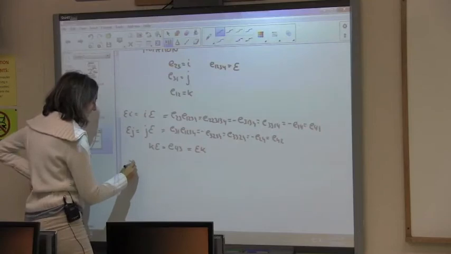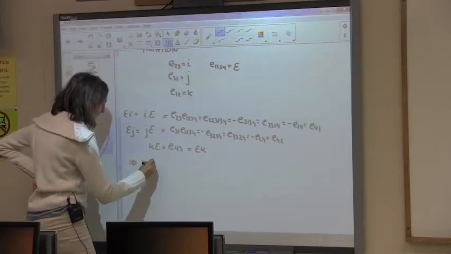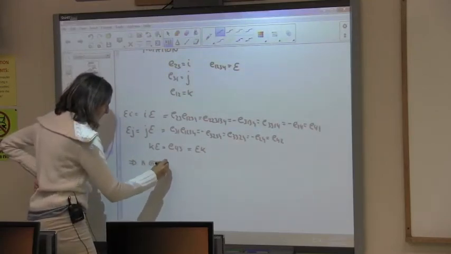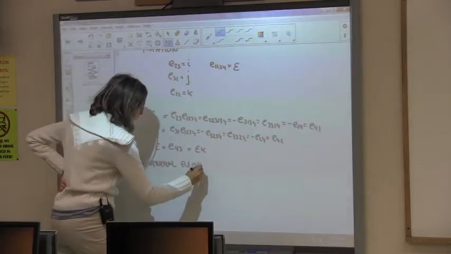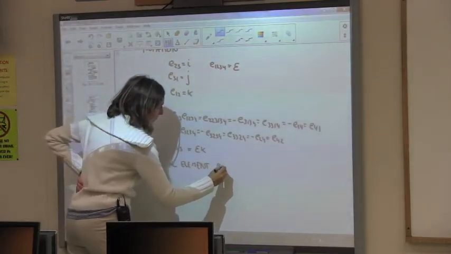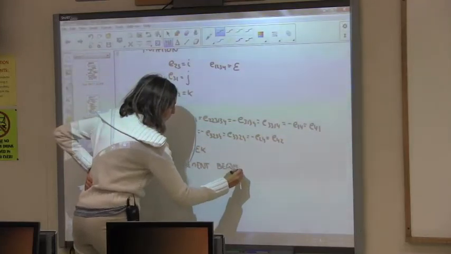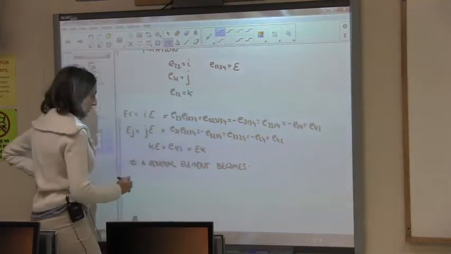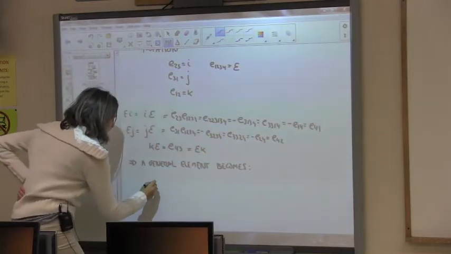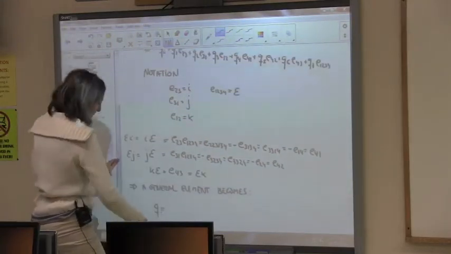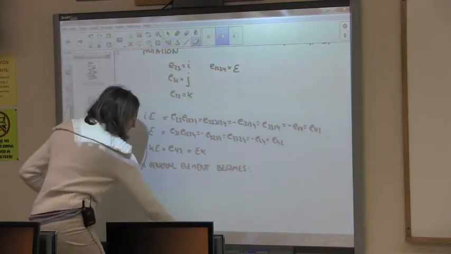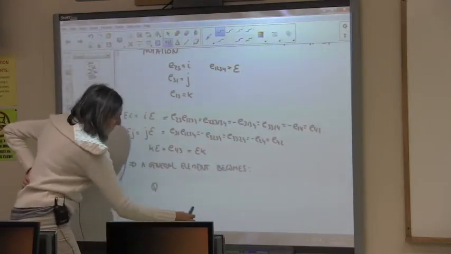Then a general element becomes Q, BQ, yes.